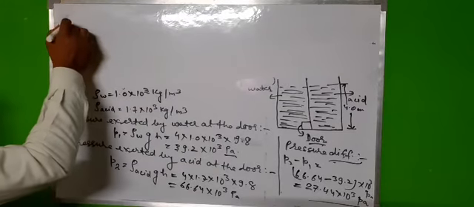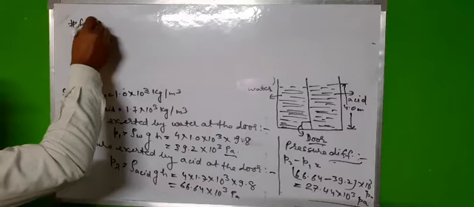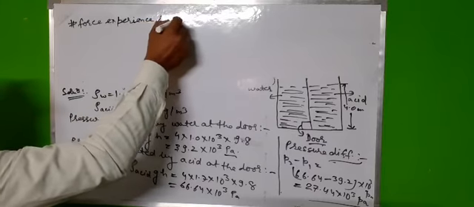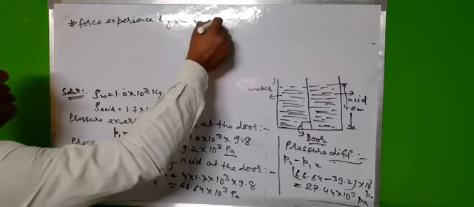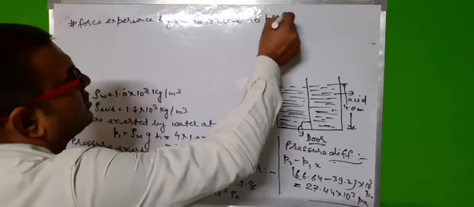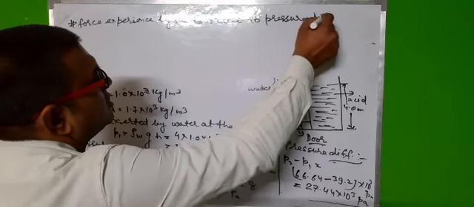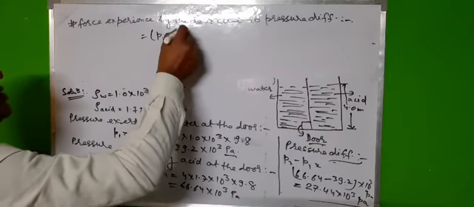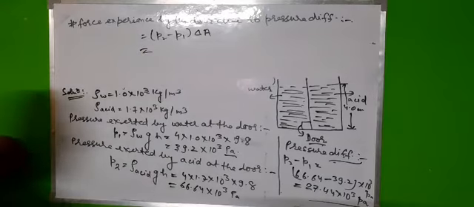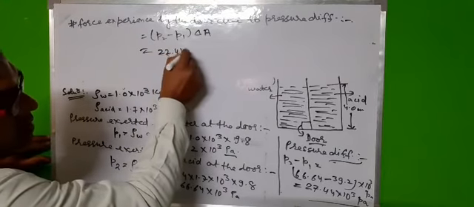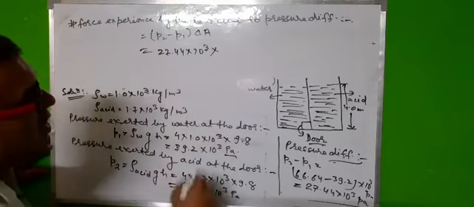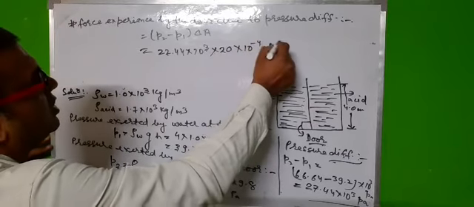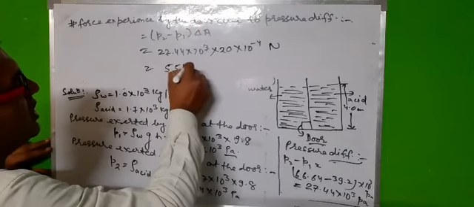So force experienced by the door due to pressure difference is equal to P2 minus P1 into area, and that P2 minus P1 is what? 27.44 into 10 to the power 3 into area, that is equal to 20 into 10 to the power minus 4 meter square, and on solving it we will get it as 55 Newton.